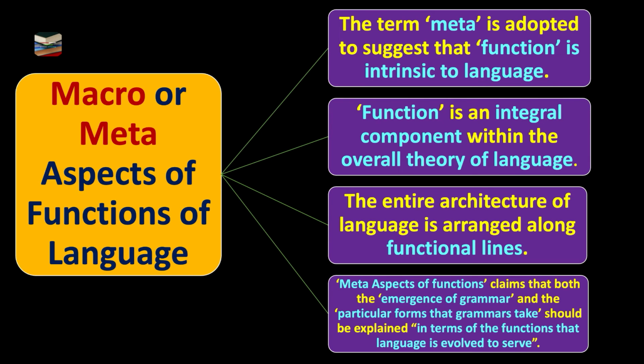That is why we say meta aspects of functions claim that both the emergence of grammar and the particular forms that grammars take should be explained in terms of the functions that language evolved to serve. Briefly, what we mean here is that macro or meta aspects of functions of language put function as an intrinsic part of the interpretation or study of any aspect of language. That is basically the idea about the macro, what we say meta.